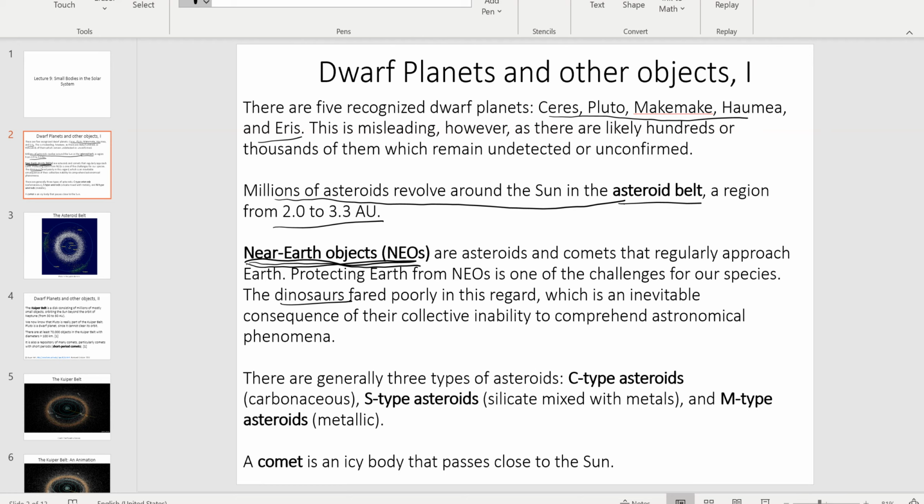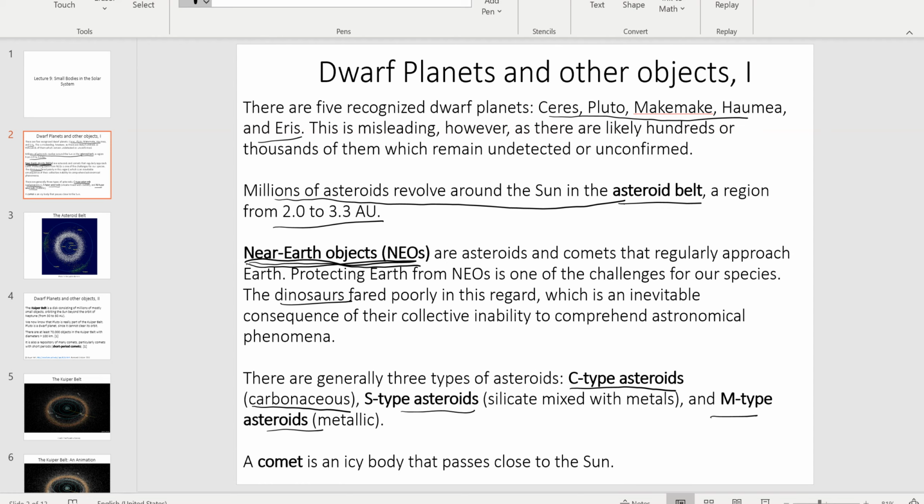There are generally three types of asteroids that are defined based on their composition. We have C-type asteroids, which are largely carbon-based. We have asteroids that are composed of silicate with metals. Those are the S-type asteroids. And then we have the metallic M-type asteroids. A comet is an icy body that passes close to the sun.